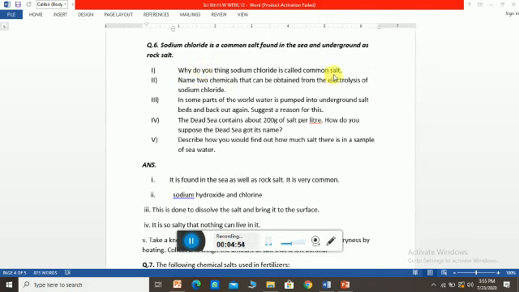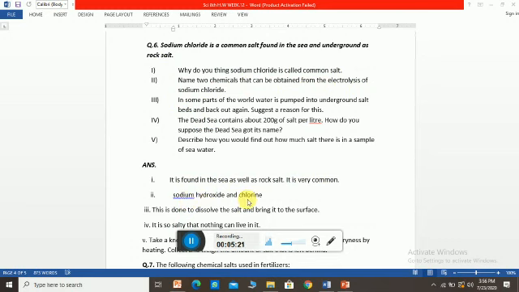Now name 2 chemicals that can be obtained from the electrolysis of sodium chloride. If you remember, there were three chemicals we can produce: sodium hydroxide, chlorine, and hydrogen gas as well, which we discussed in the lecture.